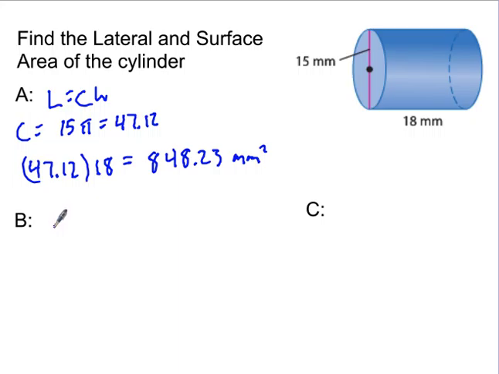Area of the two bases, there are two circles, so we're going to do 2 times pi times the radius, which is 7.5 squared. 353.43.